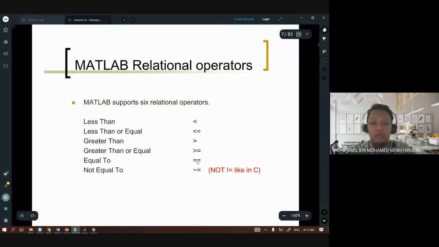If you have two equal signs, it is equals to. To write not equals to, you use this apa simbol ni. So in your laptop ada. Dalam C programming kita guna tanda seru, tapi dalam MATLAB kita guna, tak tahu apa nak panggil.